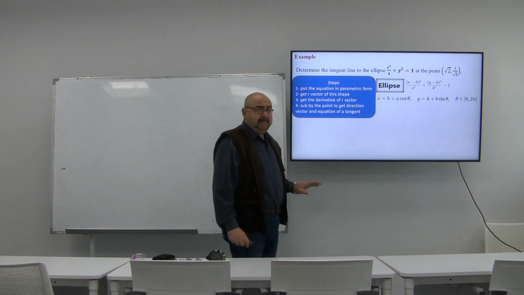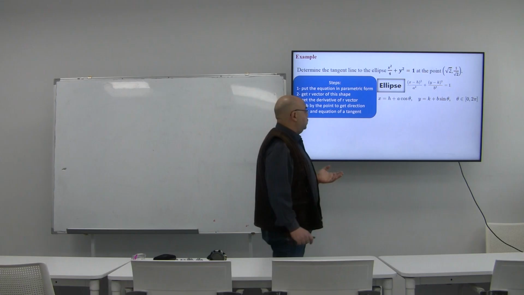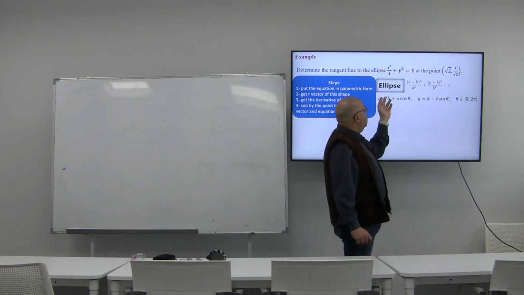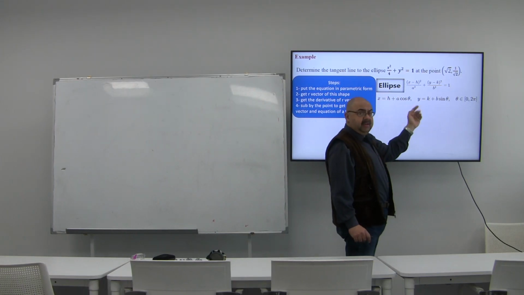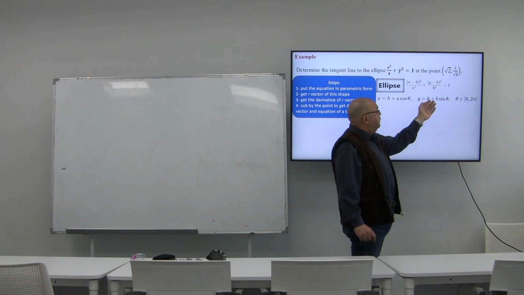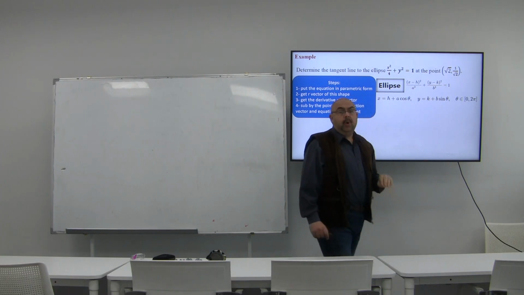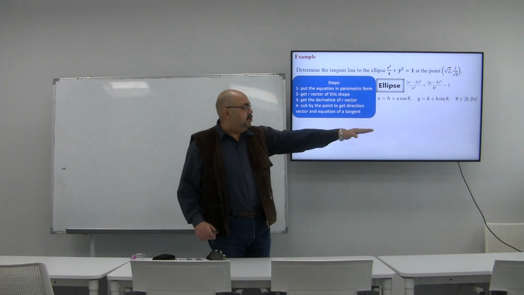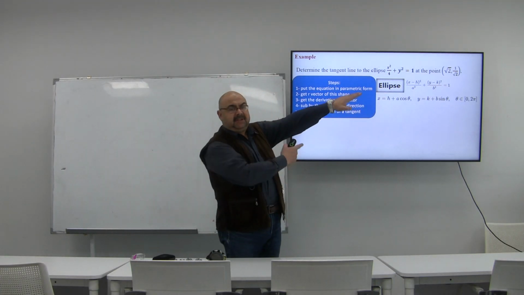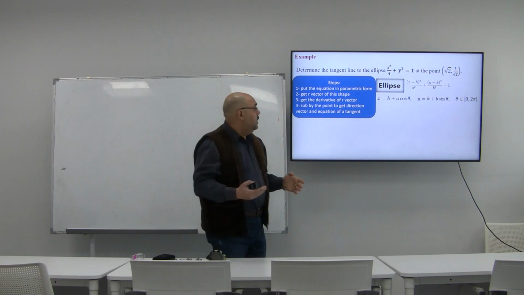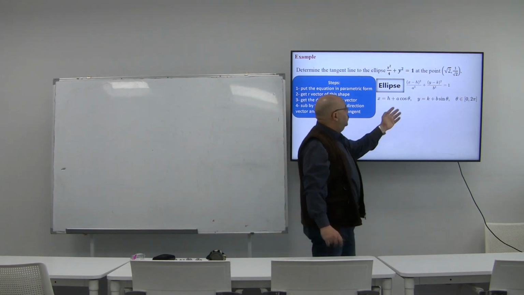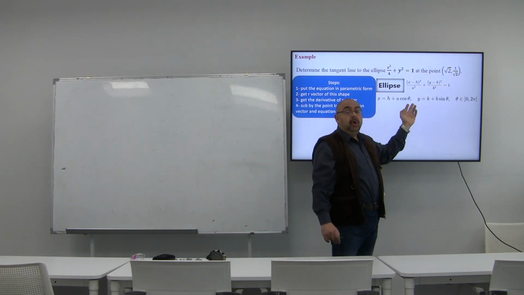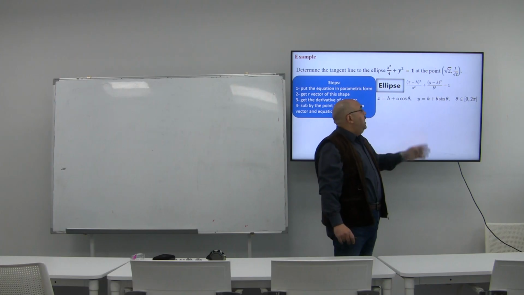The first step is to make the assumptions: x will equal h plus a cosine theta, y will equal k plus b sine theta, where theta is the angle starting from 0 and completing a cycle to 2 pi. So mainly I will use these two components, replacing the x and y.